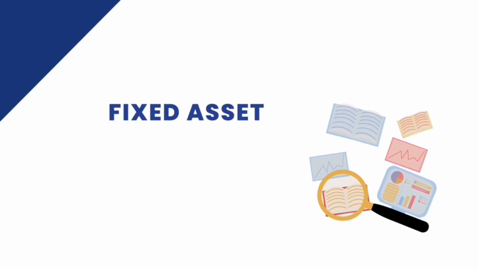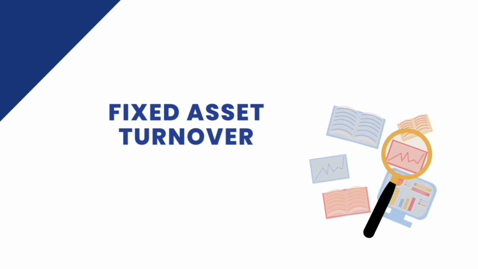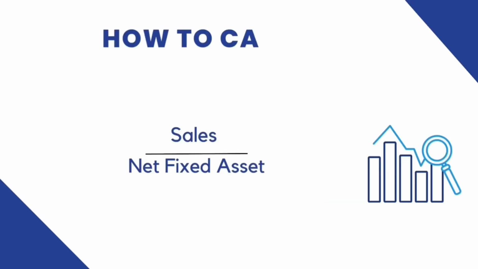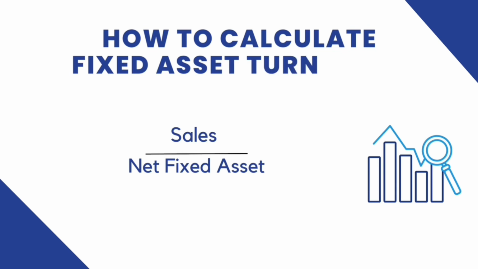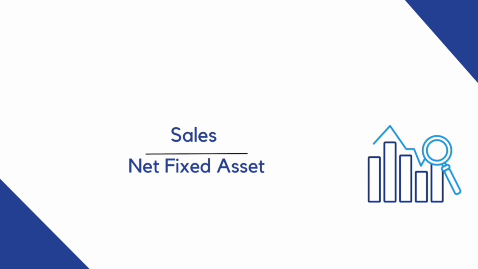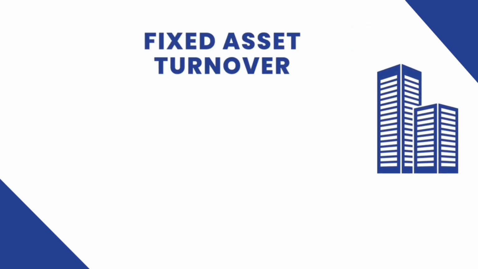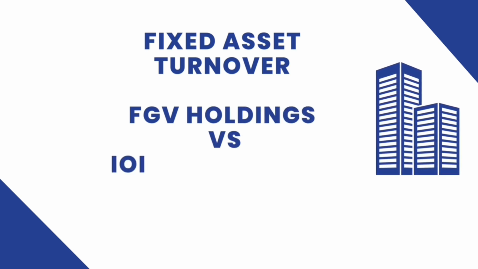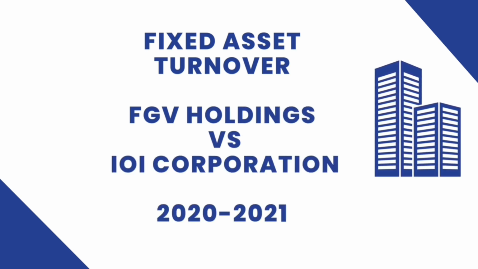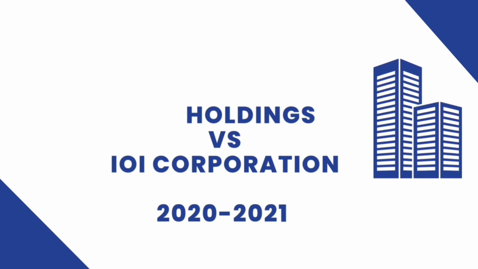We take a look at the fixed asset turnover. How do we calculate fixed asset turnover? The fixed asset turnover is amount of sale divided by net fixed asset. Let's look at the fixed asset turnover between FGV Holding and IOI Corporation within year 2020 until 2021.